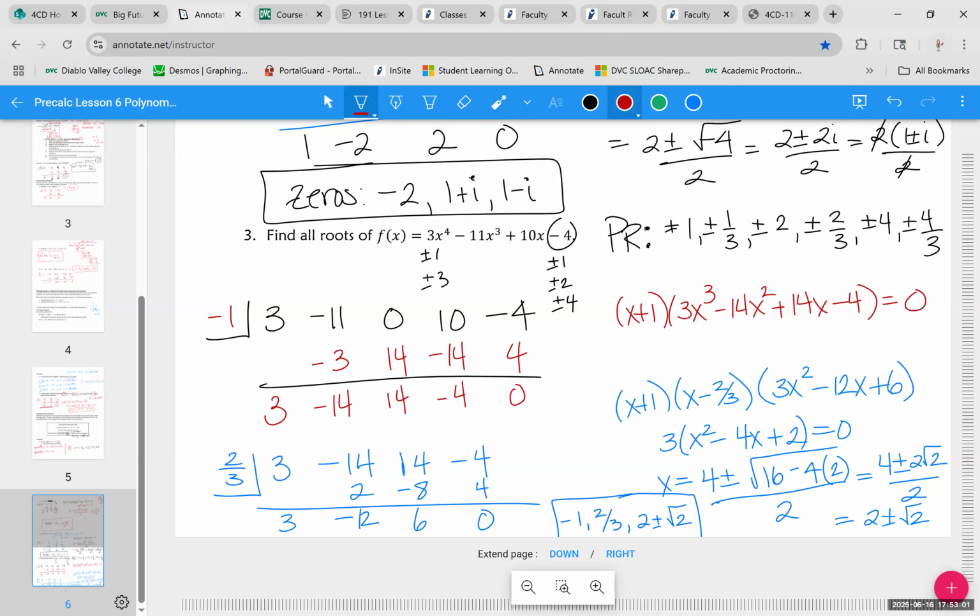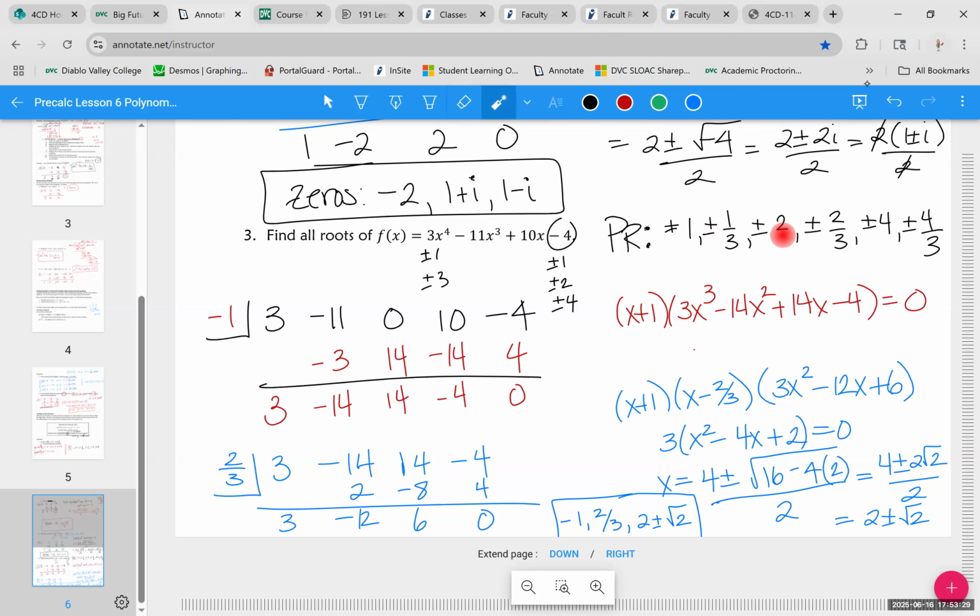I could have done a new possible roots list for this with the factors of 1, 2, 3, and 4. Oh, wait, it's exactly the same list as what we already had. This list and this list, 4 and 3, 4 and 3. That's why I didn't do it, because I can basically just look at my original list.